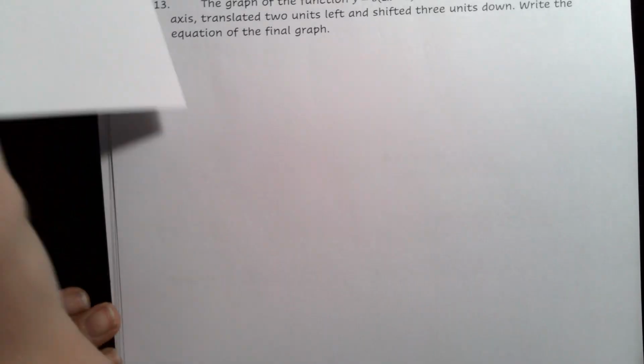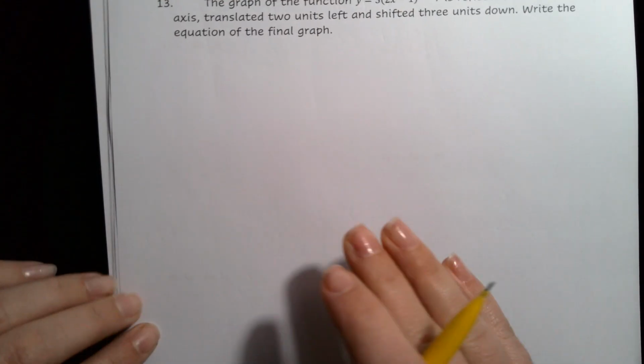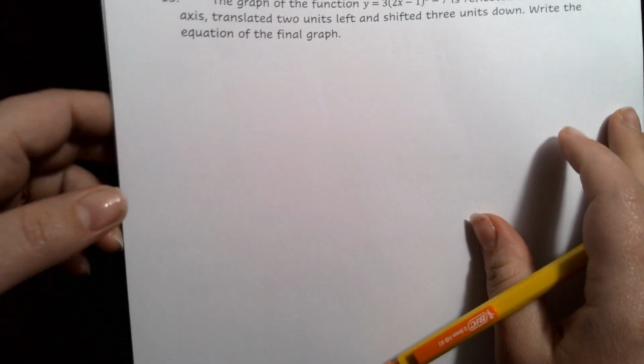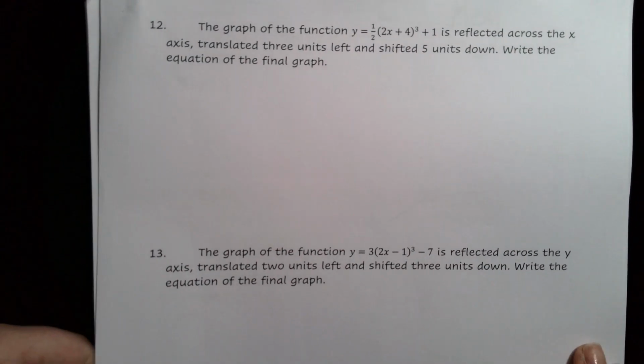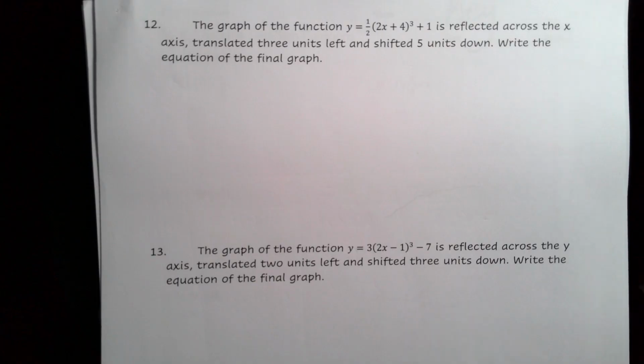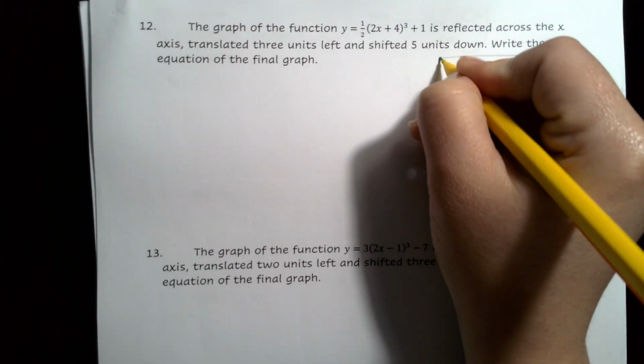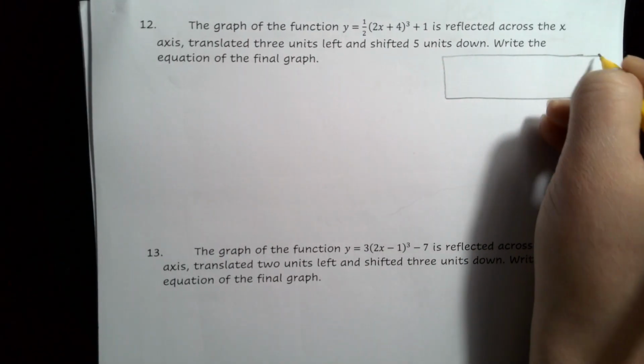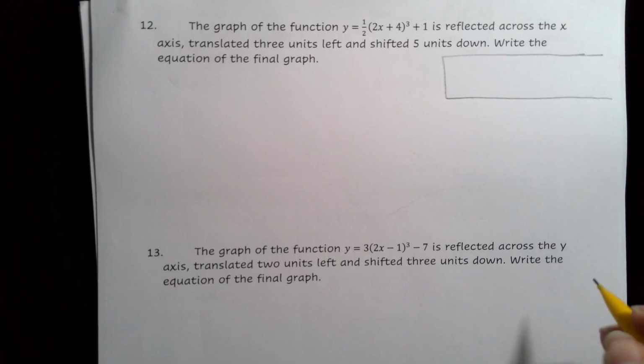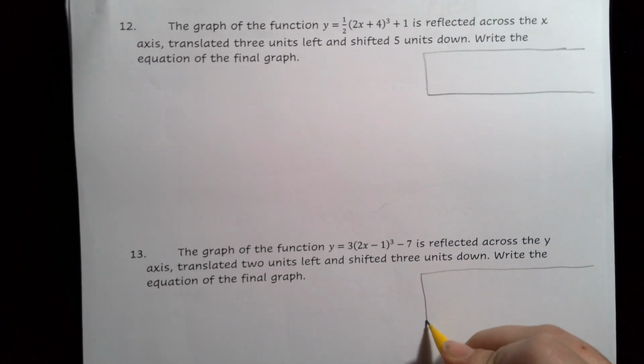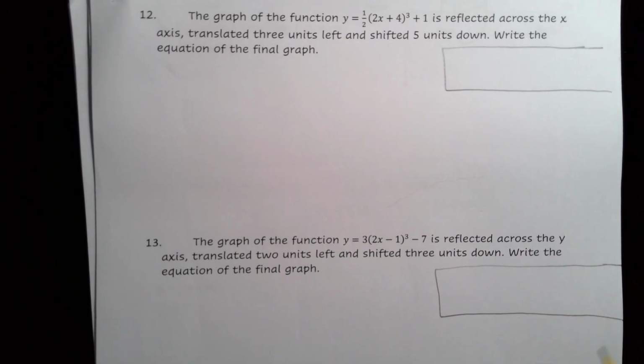All right, moving on. There are 2 more questions on here. I am going to leave these 2 for you to try on your own. You must show work for credit, and then I am going to give you answers for this, so that way you can check your work and make sure you've done the correct job.